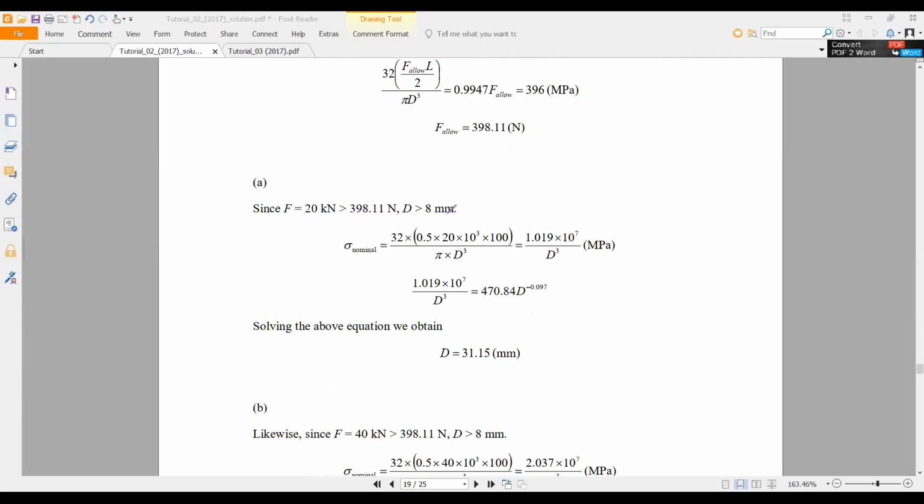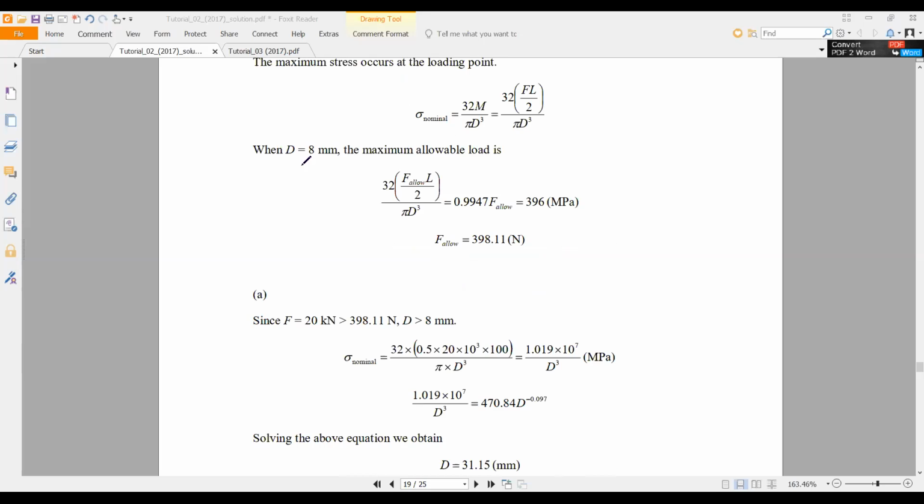Diameter should be higher than 8 millimeter, because the allowable maximum load is around 400 Newton. But we are going to apply 20 kilonewton, that means 2000 Newton. We can't apply 2000 Newton with the diameter 8 millimeter because even at 8 millimeter it can allow only 400.